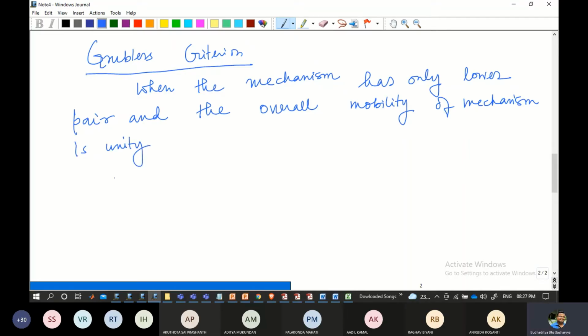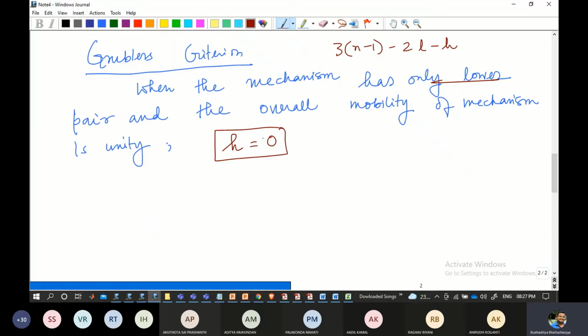Okay, if that is the case, then we are looking at the Grubler's criteria for both the planar manipulator as well as the spatial manipulator. By this, what I mean is that if we mean only lower pairs, then h should be 0 in the equation that we just now have written, 3 into n minus 1 minus 2l minus h.